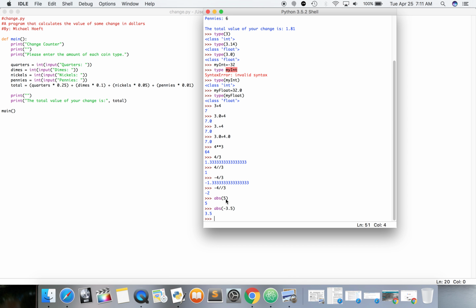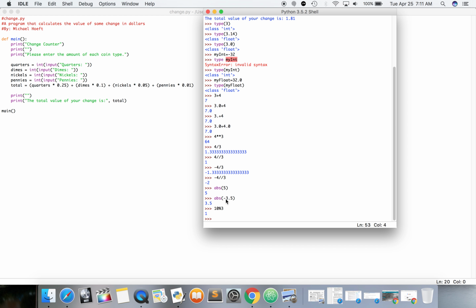It's definitely endlessly interesting, and I definitely try to use all the different operators. Like 10 mod 3. That's the remainder. 10 divided by 3, the remainder is going to be 1.